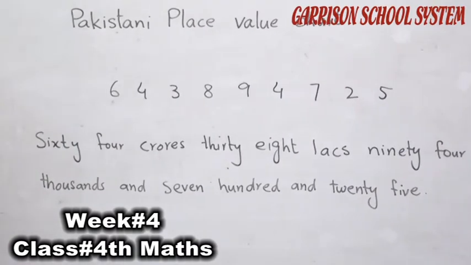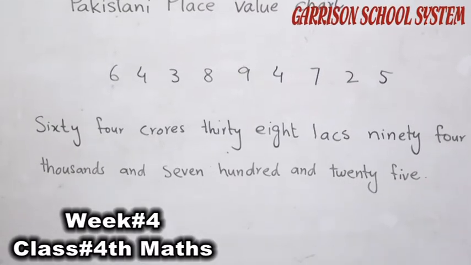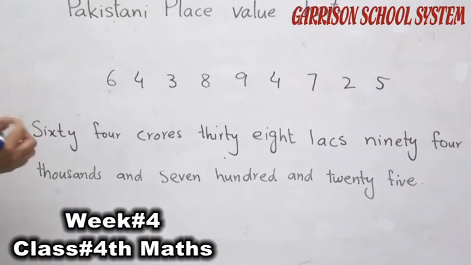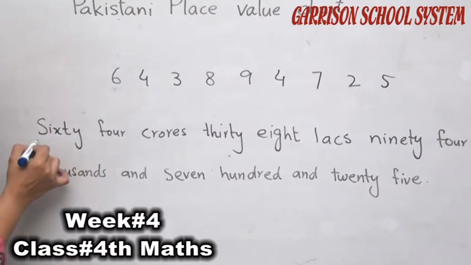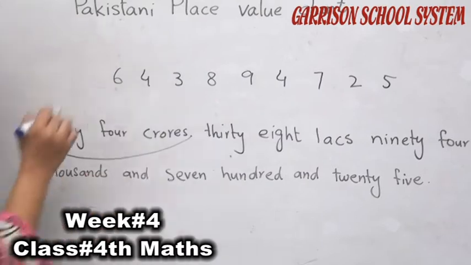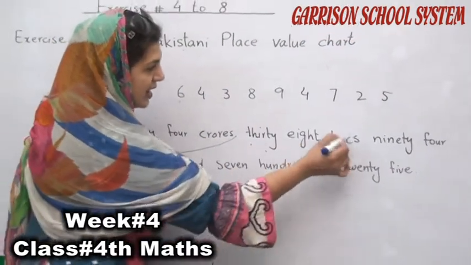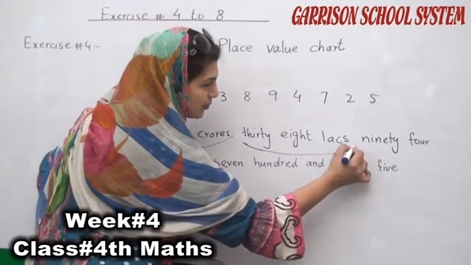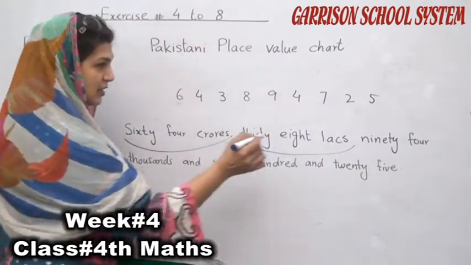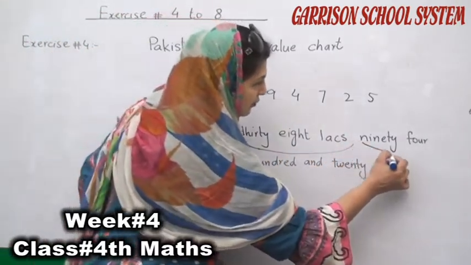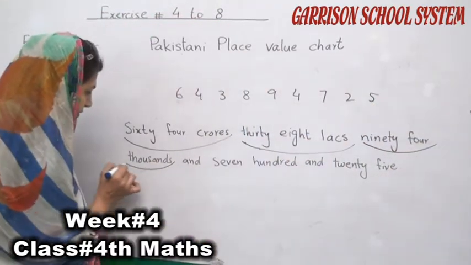Students, we have to divide this number into groups. First of all, we can divide in this way: 64 crore, this is one group. 38 lakh is another group. 94,000 is another group.